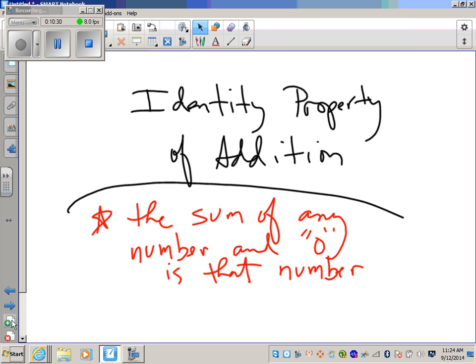So for example, 5 plus 0 is equal to 5. The sum of any number, in this case 5, and 0 is going to give me 5. Like, what's your ID?